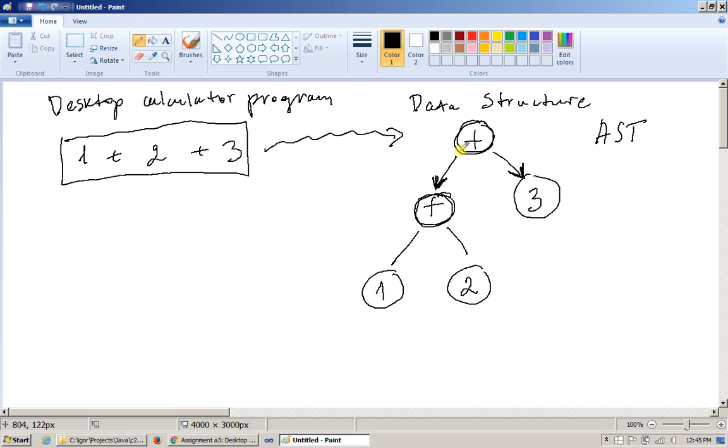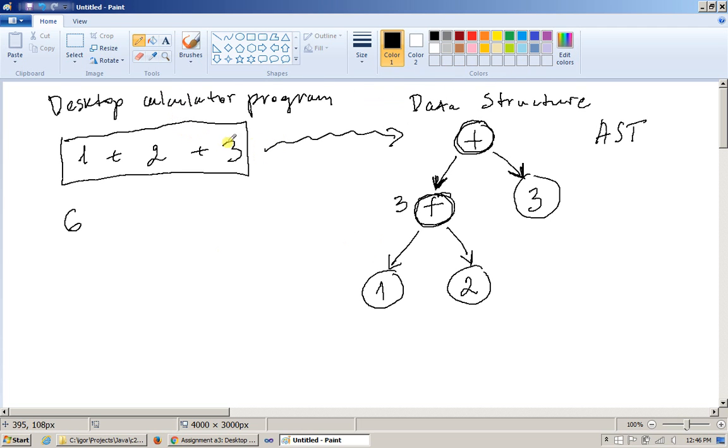So we temporarily delegate the work to this level, and this one goes to pick 1 and 2 as its own left and right sides, computes 1 plus 2, which is 3, and comes back with its own result 3, which it returns to the top-level operation, which finally says 3 plus 3, and the result of this computation is 6.